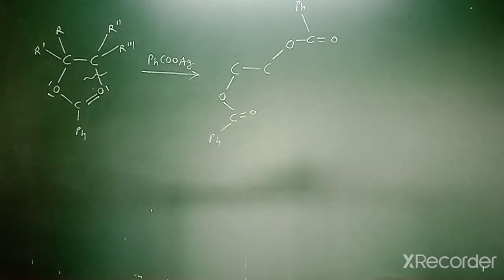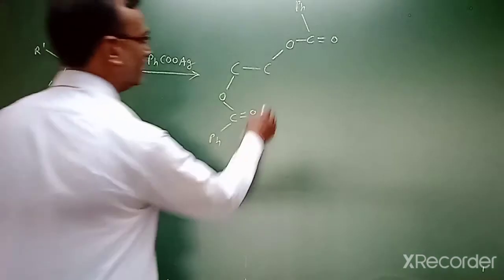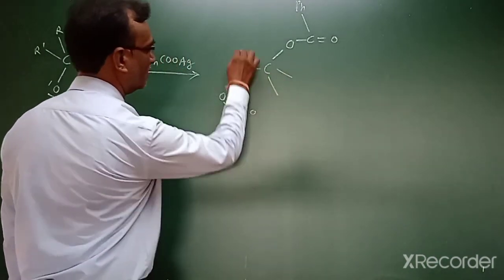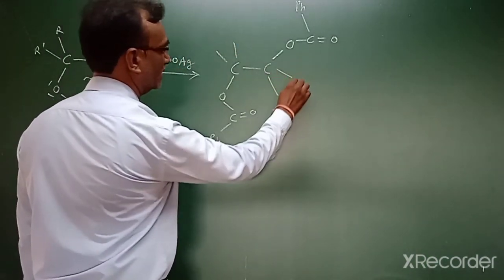In such a way, the second benzoate group gets bonded with the second carbon atom, and you can write the conformations of the alkyl group like this.